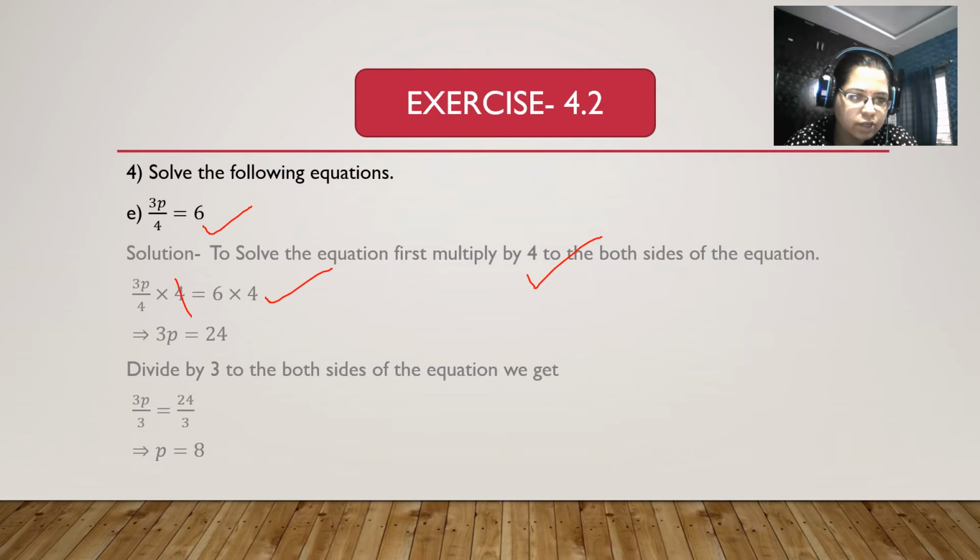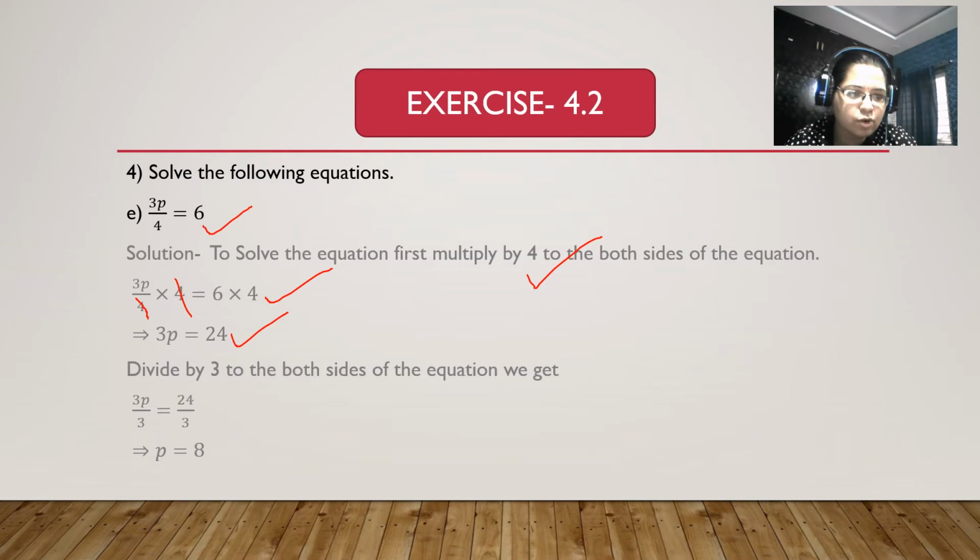4 and 4 cancel. So we get 3p equal to 6 multiplied by 4 is 24. Now the equation becomes 3p equal to 24. Now we have to divide both sides of this equation by 3.